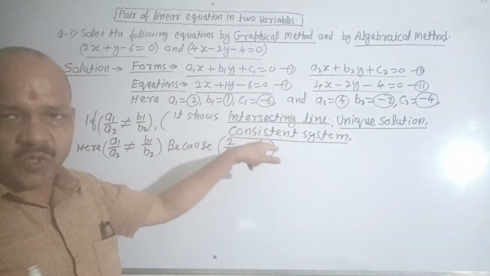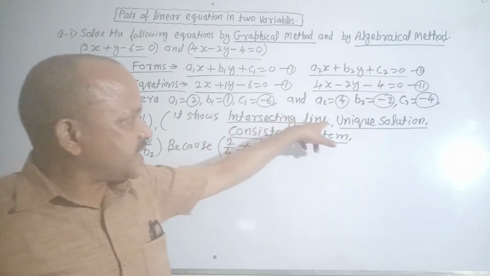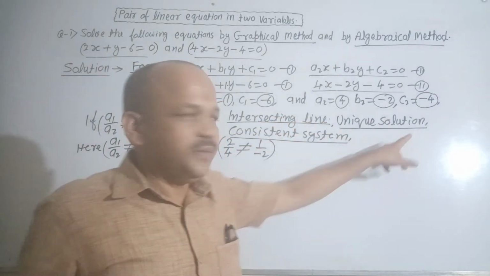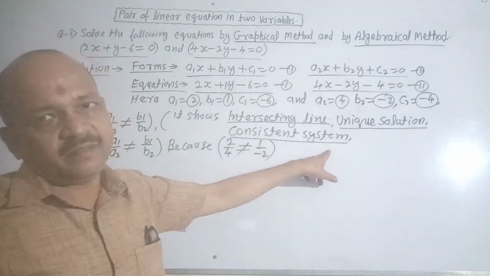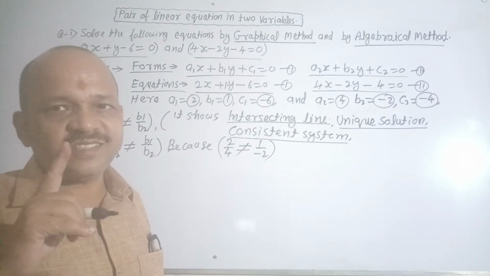It means it shows intersecting lines, unique solution and consistent system. Is it clear?